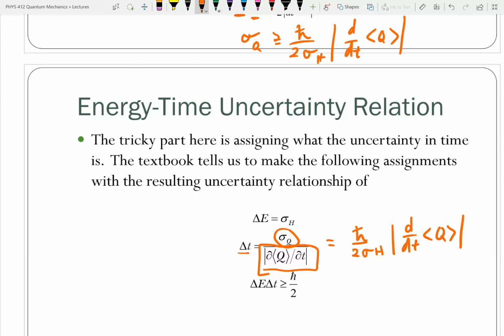So my uncertainty in time is this, my uncertainty in energy is that. So if we multiply them, keep in mind this was a greater than or equal, so I actually have a greater than or equal there.